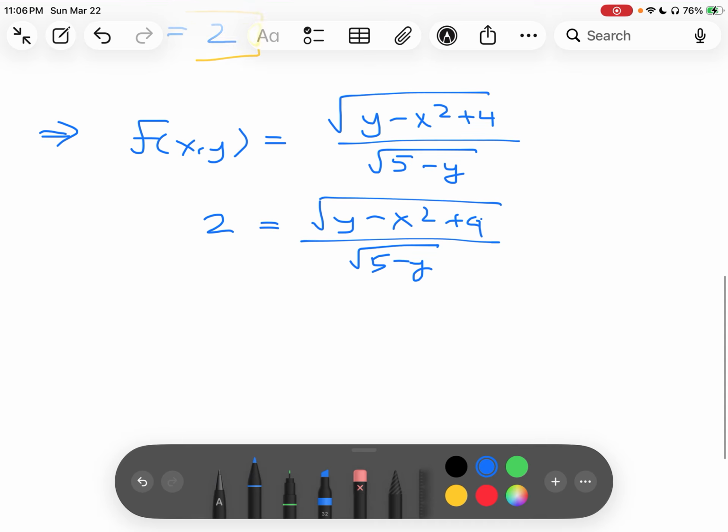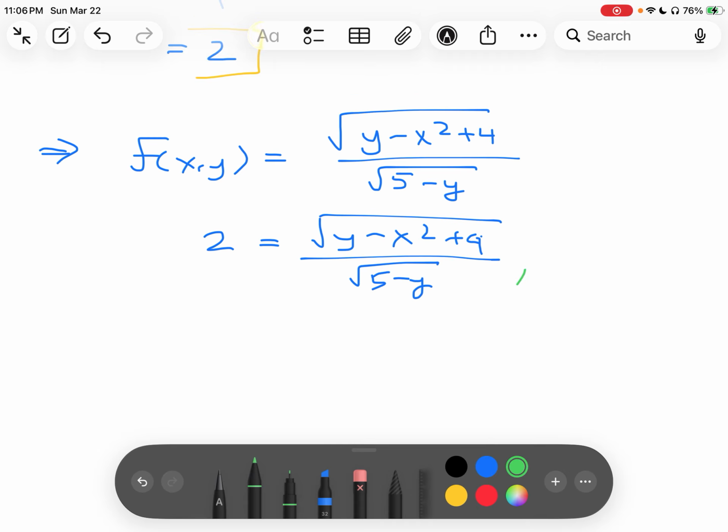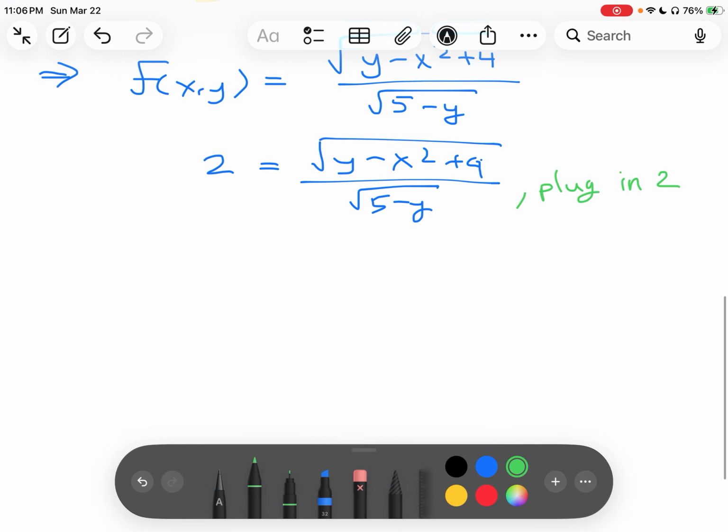Then we're going to isolate and solve for y, moving things around. I plugged in 2, and I'm going to make sure I write down everything that I do here. Then we multiply both sides by the root of 5 minus y.